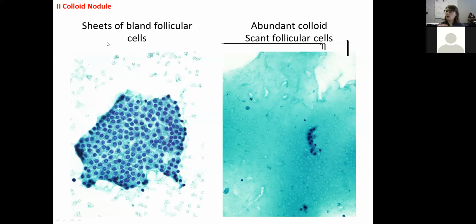So let's think about why these cytologic features are reminiscent of a benign nodule. Nodules in the thyroid architecturally are usually composed of either follicles, or papillae if we're thinking about papillary carcinoma.